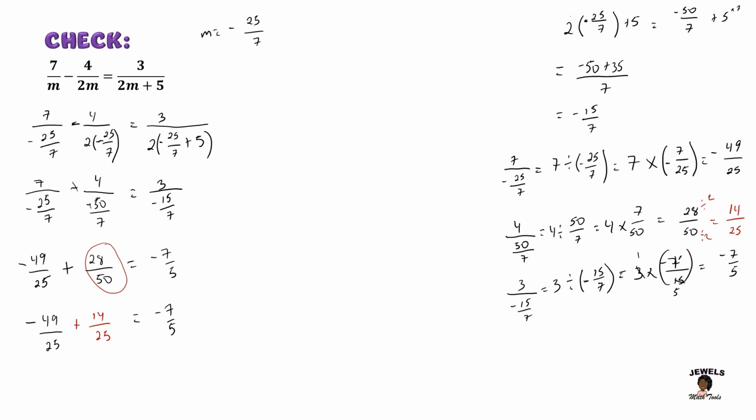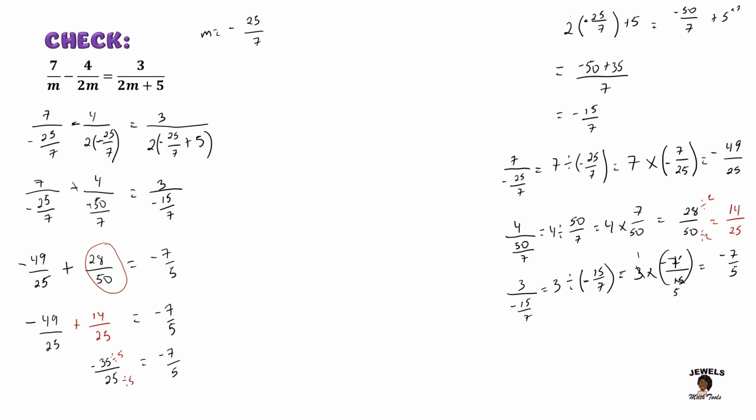So now with 49 subtracting 14, we are going to get negative 35/25. And you can see the equivalent fraction forming right away. So let's reduce my 35. I'm going to reduce that by dividing both of the numbers in this fraction by 5.